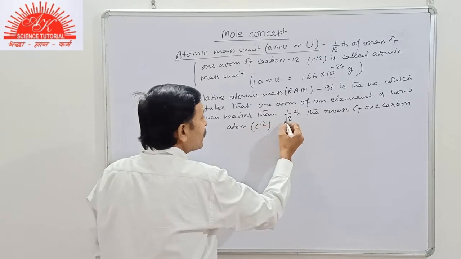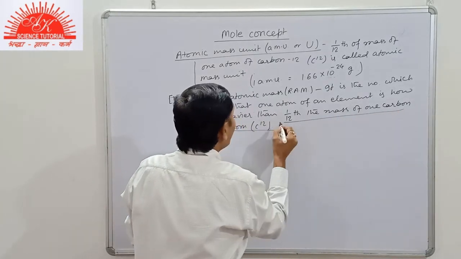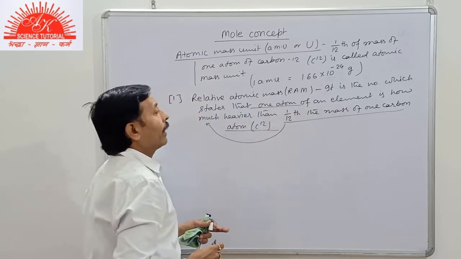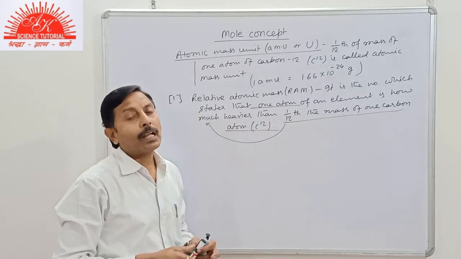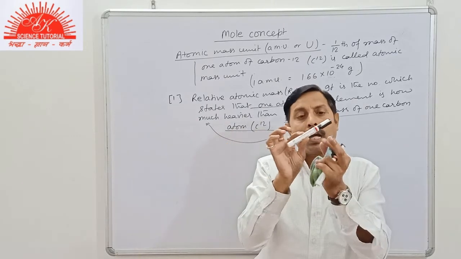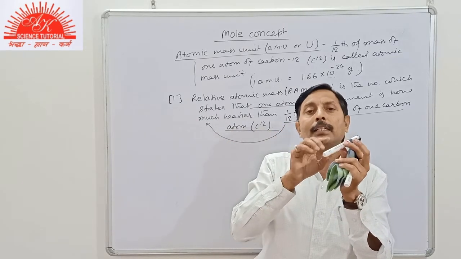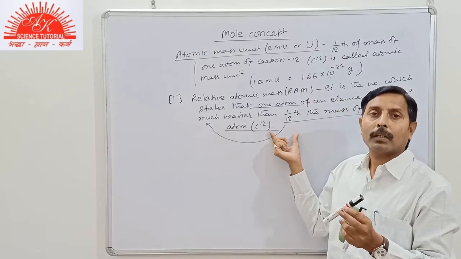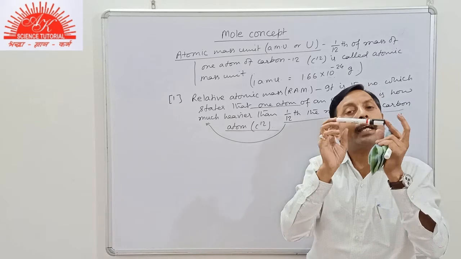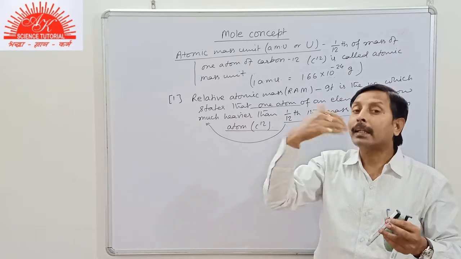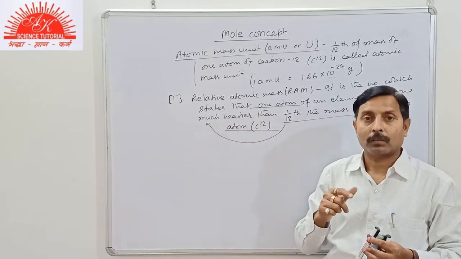Means this is the unit, and we have to compare this unit with the mass of one atom of an element. Like suppose, if this is the atom and if its mass is 10 times of this value, it means that its mass is 10 AMU. 10 U means 10 times of AMU.